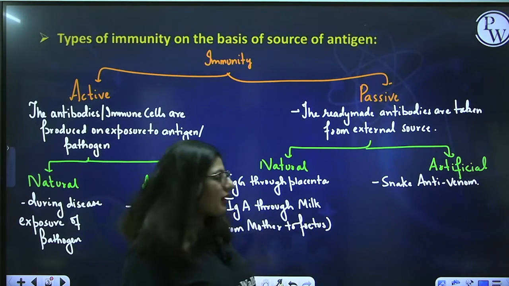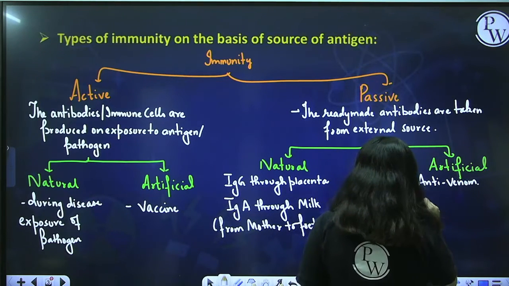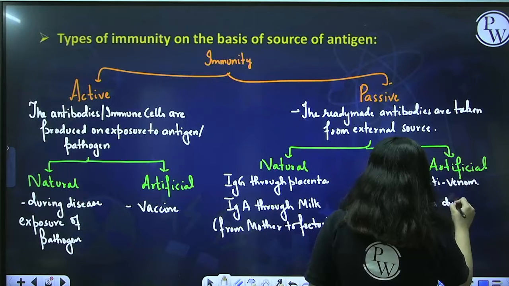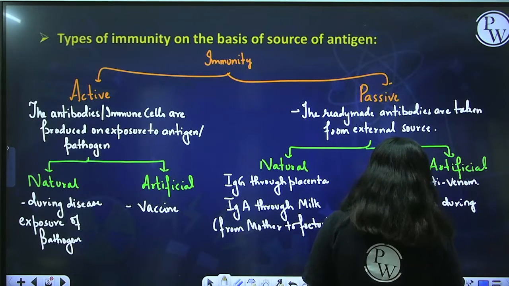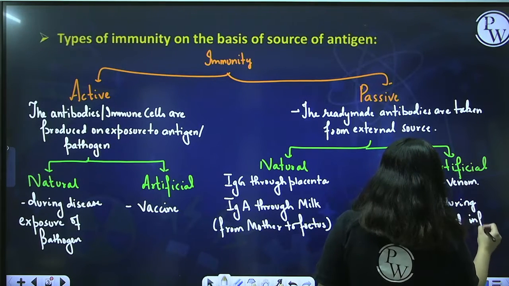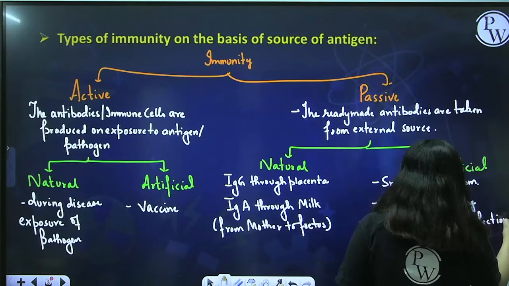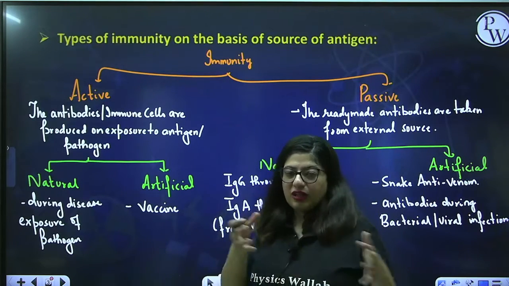Another example is antibodies during bacterial or viral infection. For example, if someone is very old and not able to recover from COVID, the antibodies of a person who has recovered from COVID are given to the patient.